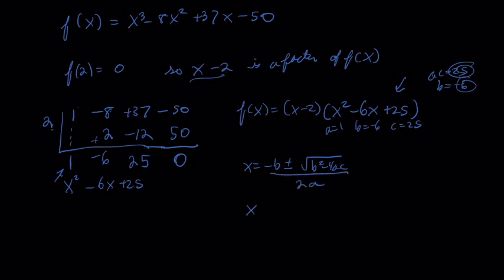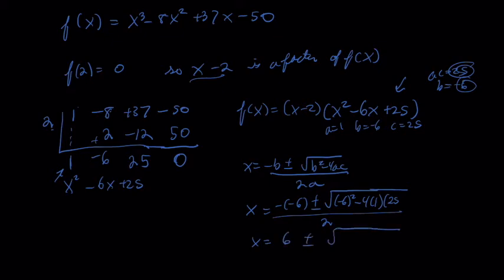So x equals negative negative 6 plus or minus the square root of negative 6 squared minus 4 times 1 times 25 all over 2 times 1, which is 2. So x equals 6 plus or minus the square root of 36 minus 100, which is a negative 64, all over 2. So x equals 6 plus or minus 8i divided by 2.